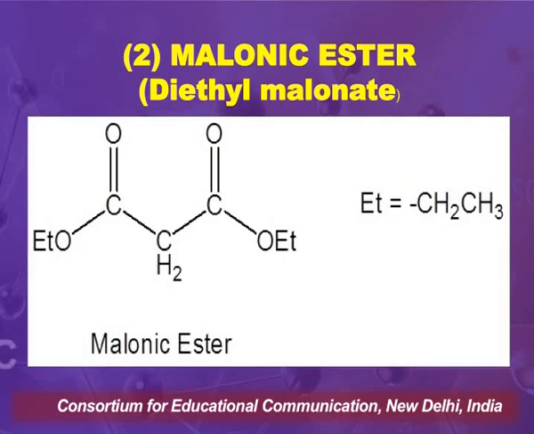And we know malonic acid is a dibasic acid, or a dicarboxylic acid, which is COOH, CH2, and again a COOH. In this case, this methylene group is sandwiched between two ester groups. One ester group is this, and this is the second ester group. So this methylene group is again an active methylene group.